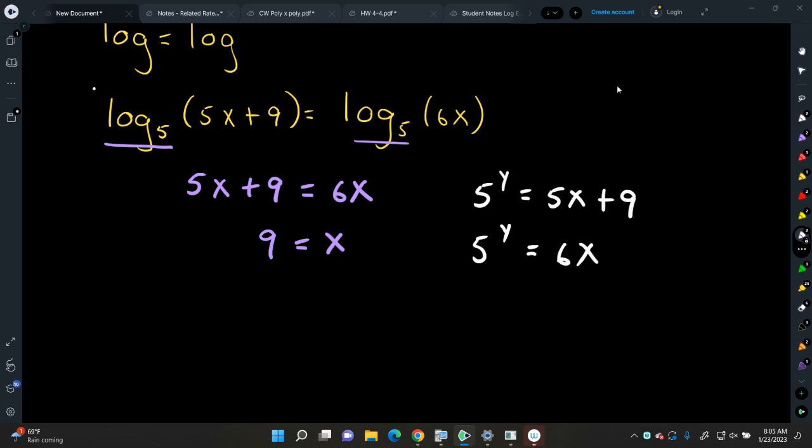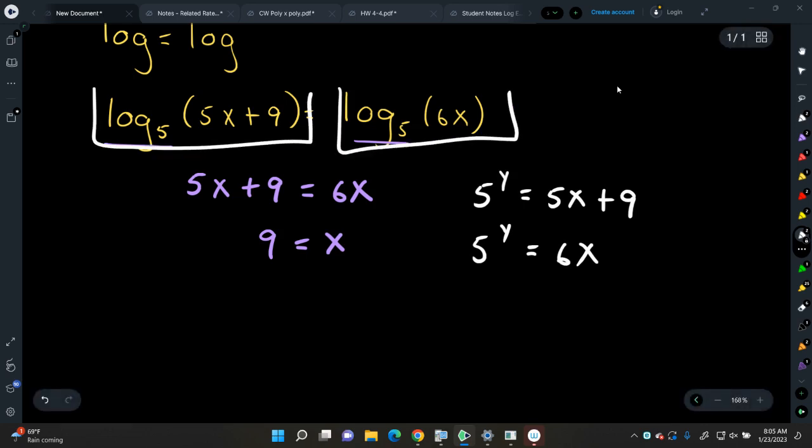If I change each side into exponential form, we get 5 to the y equals 5x plus 9 and 5 to the y equals 6x. Since both of them equal 5 to the y, they must be equal to each other. Does that make sense? Could there be logs with different values that are equal, like log 3 equals log 2? That is entirely possible, yes.